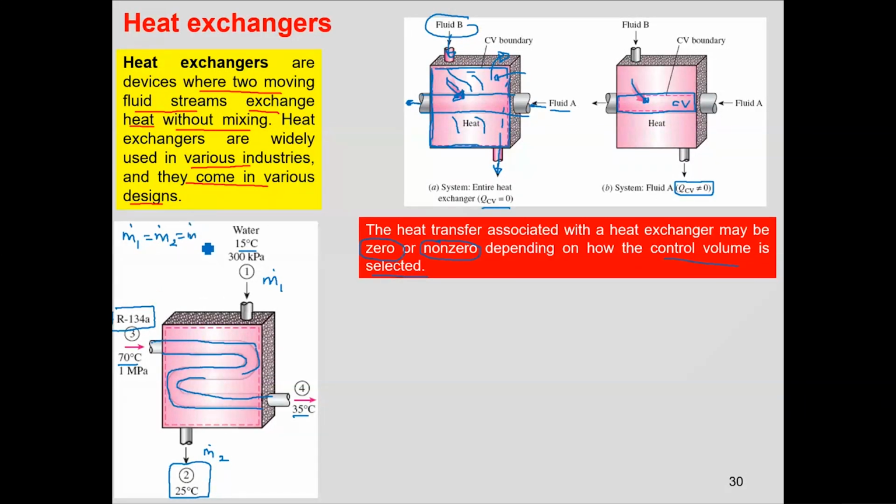Similarly, whatever amount of refrigerant is entering the system at inlet 3 is essentially leaving the system at exit 4, which means that the mass flow rate at inlet 3 is equal to the mass flow rate at exit 4, which is the mass flow rate of the refrigerant. At whatever rate the refrigerant is entering into the system, it is leaving the system at the same rate. This is the mass balance equation for the heat exchanger.